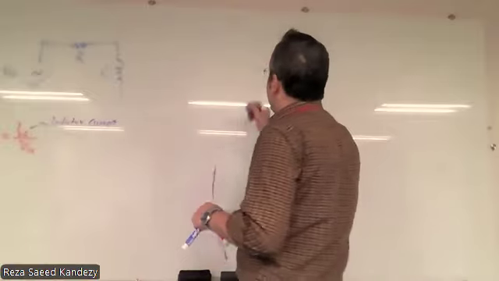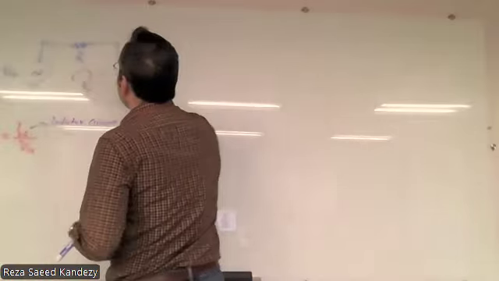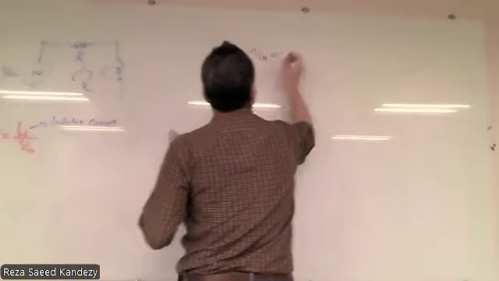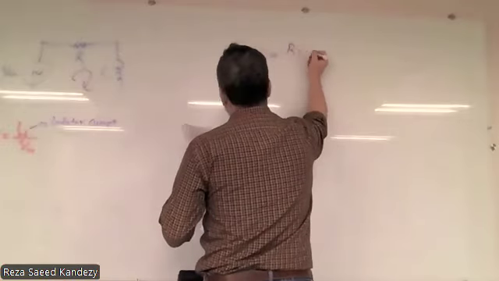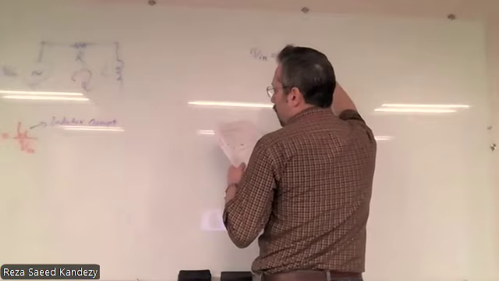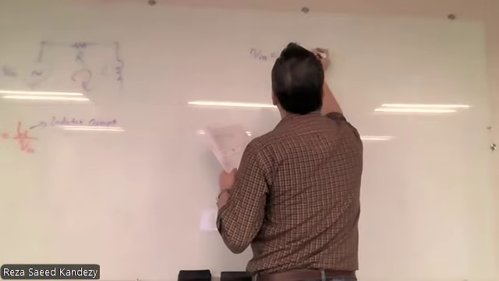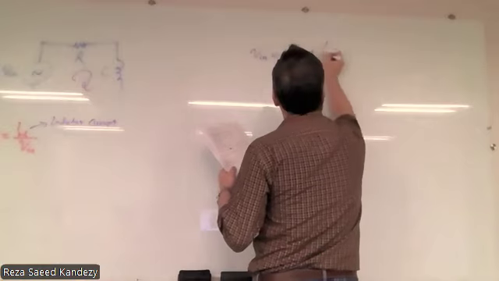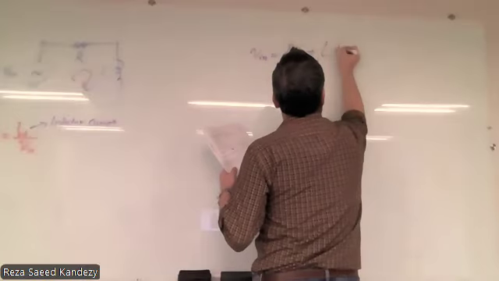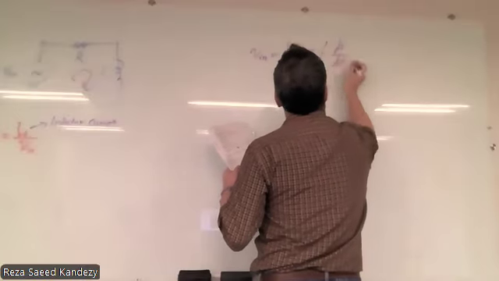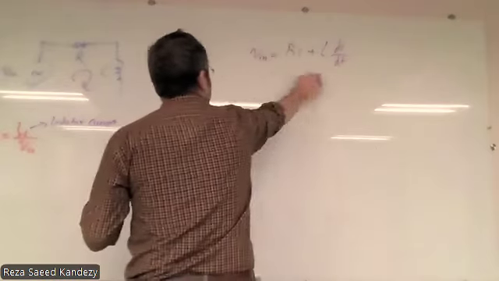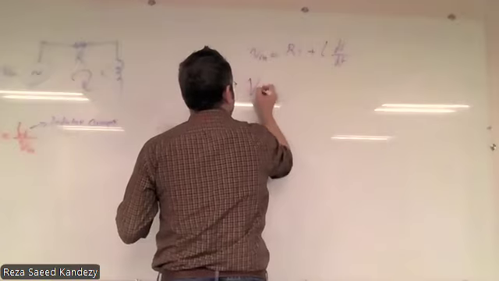If we run a KVL in our loop, we are going to have the input voltage equal to the R I plus the L di over dt. Okay, so if we have that, we simply can get a Laplace from it.